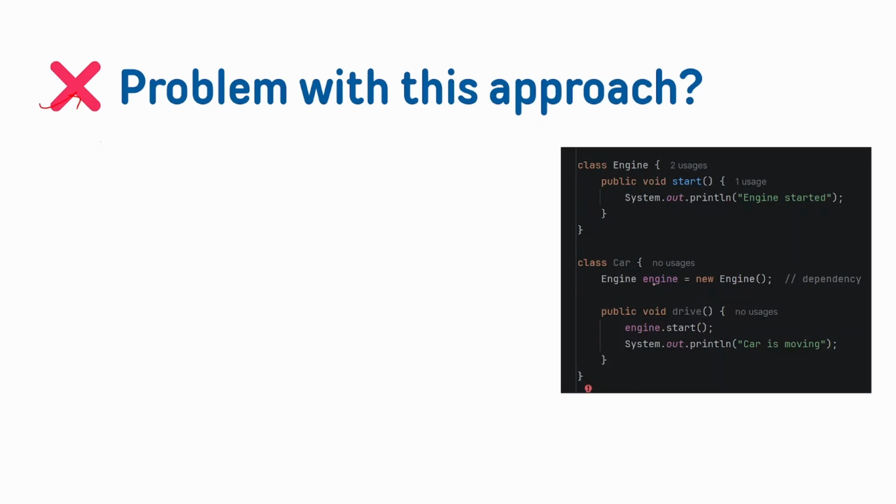You can see that the Car is creating its dependency itself using the new keyword, and Engine is its dependency. Let's see what the problem is in this approach.